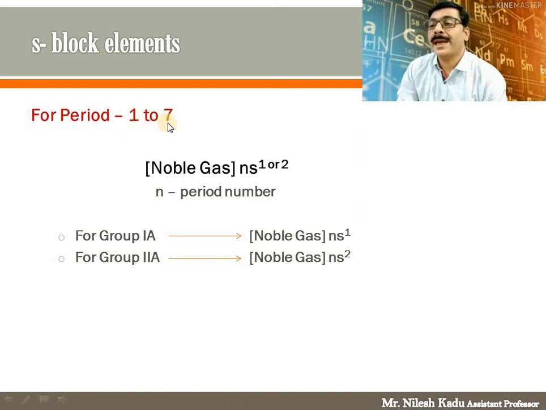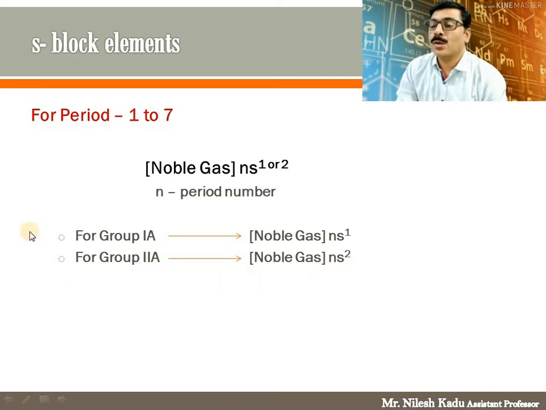So for period number 1 to 7, first you write the noble gas in square bracket and then the valence shell orbital, and for s block the valence shell orbital is ns1 or 2. 1 is for first A group and 2 is for second A group.